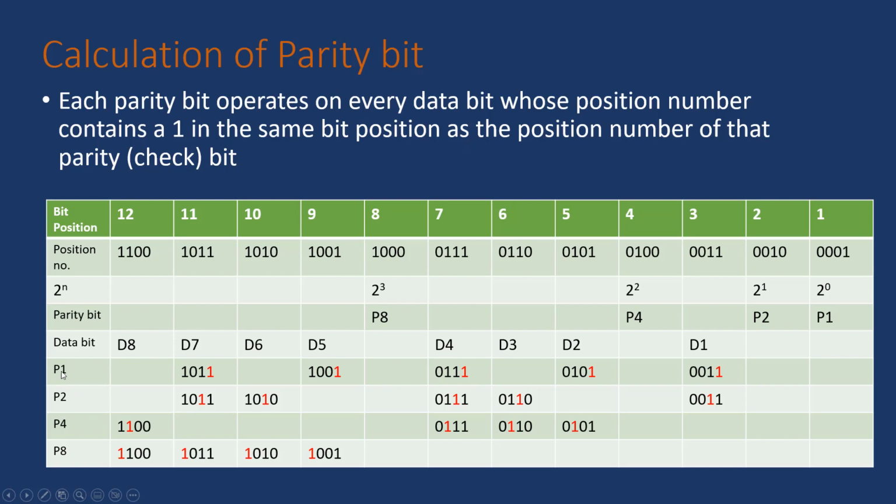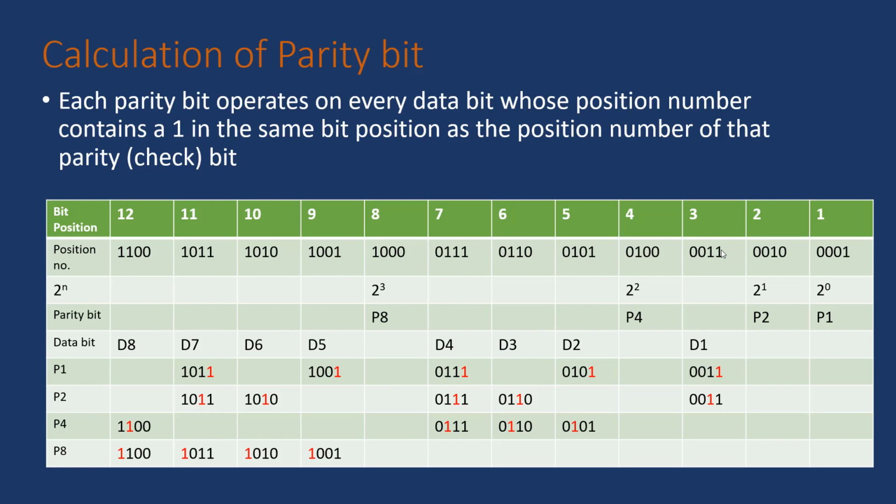For example, we have parity bit 1 here. How is this parity bit calculated? We are going to use its position number, which has a 1 in the least significant position, and then we are going to find any data bit whose position has a 1 in the least significant position.